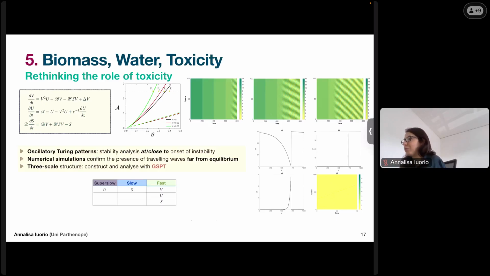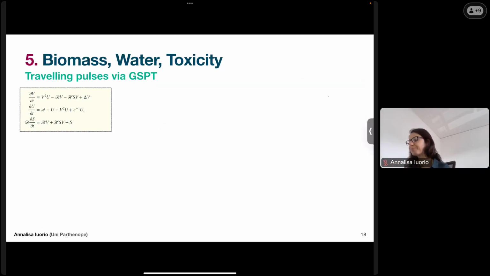We decided to describe it using the color purple. So purple for us will represent this super slow scale. Okay, so when you apply GSPT in this case, in some sense it is a little bit simpler than the model that I've shown you before, the cross-diffusion model. But in another sense, it is a little bit more complicated because you have these three scales instead of two.